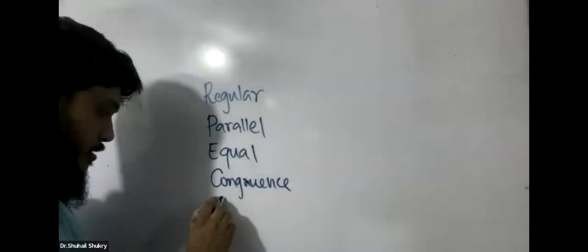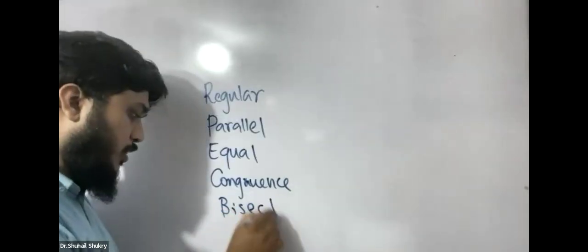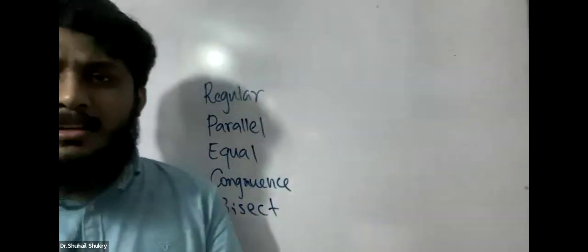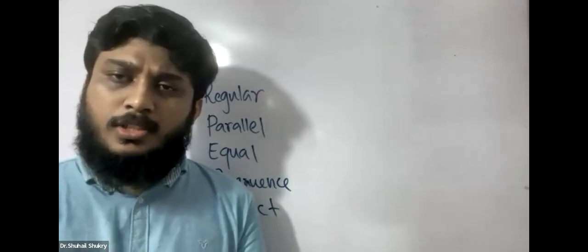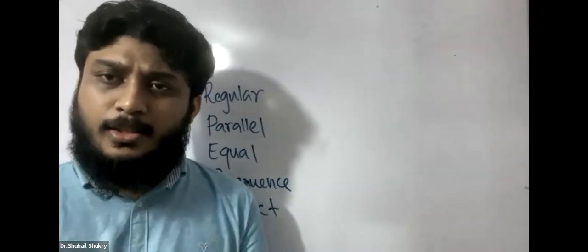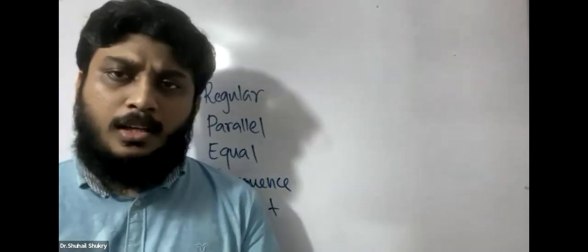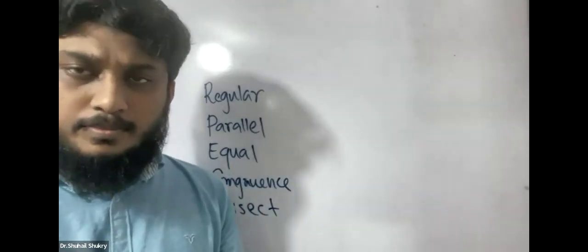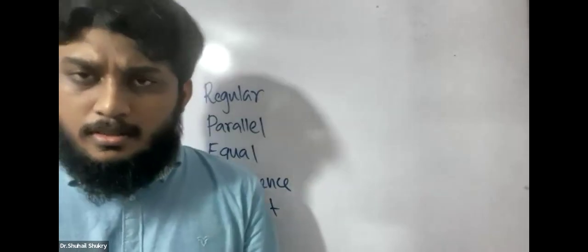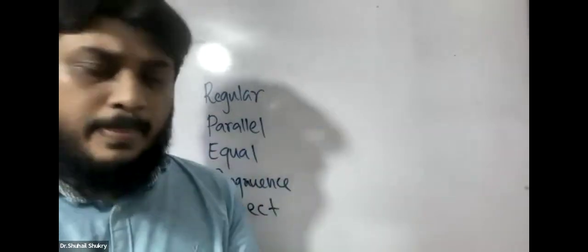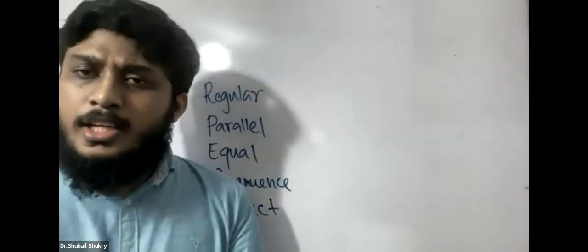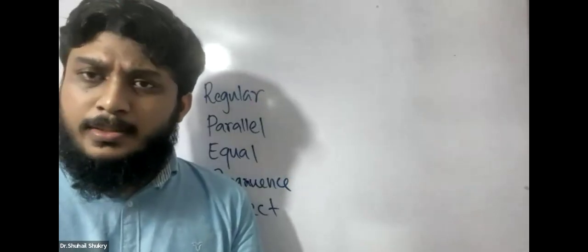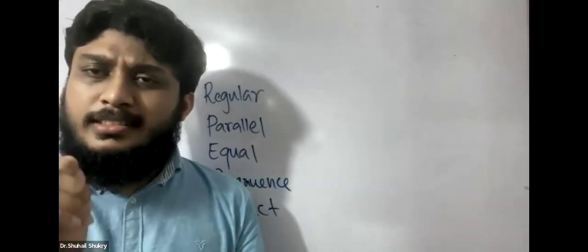Next word is bisect. This is a very important point. Regular means all sides and all angles are equal. That is only regular. Under bisect, you can write like this: dividing equally.